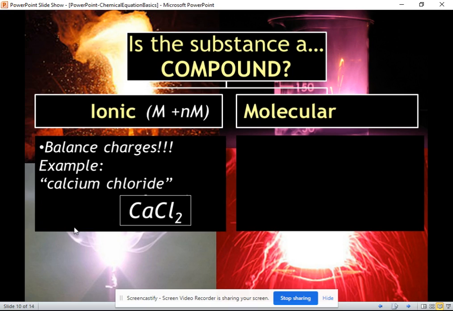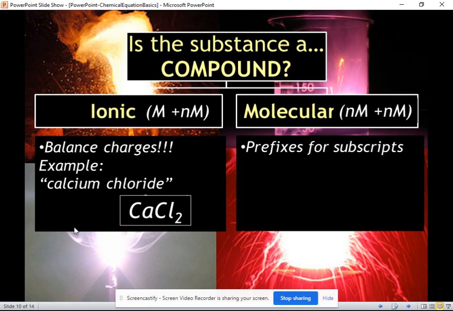Now, molecular compounds are always going to have a nonmetal bonded to a nonmetal. So a single nonmetal bonded to a single nonmetal. Remember, ionic compounds can also include polyatomic ions, so we need to keep that polyatomic ion chart in our back pocket here too.